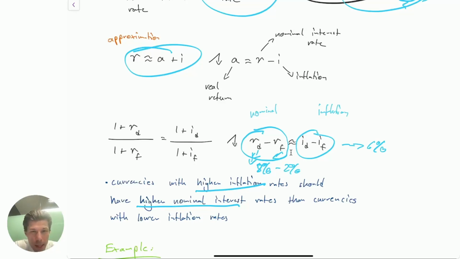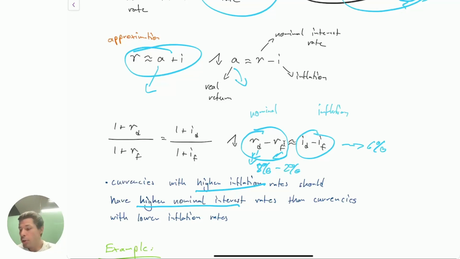What it means as well is, why does a higher nominal interest rate indicate higher inflation? This is the main purpose of the Fisher effect. The real interest rate, A, is determined by factors like productivity, long-term savings, and investment demand. The real interest rate, A, here or here, does not fluctuate significantly in the long term.